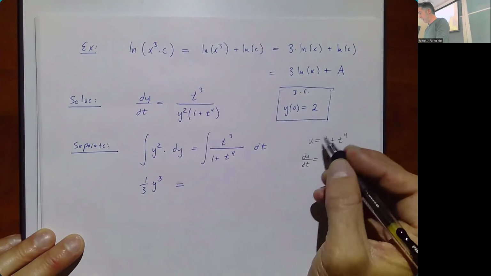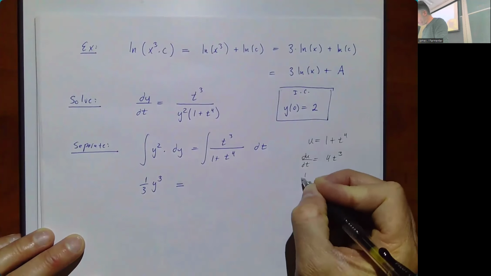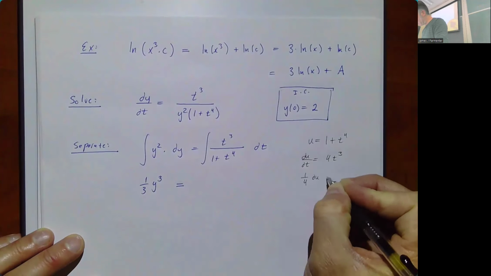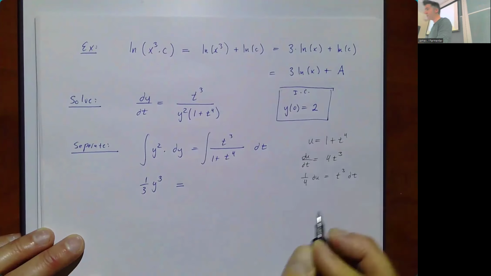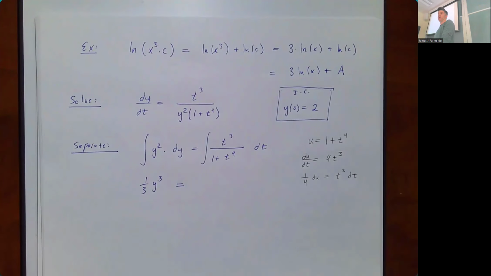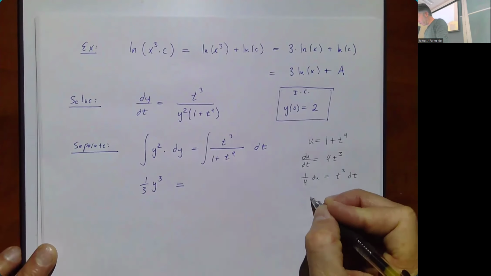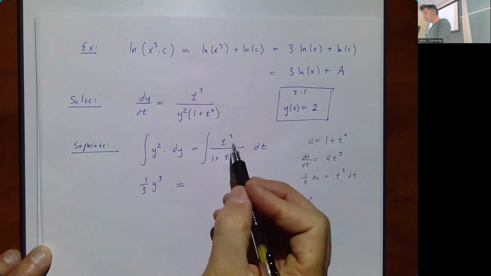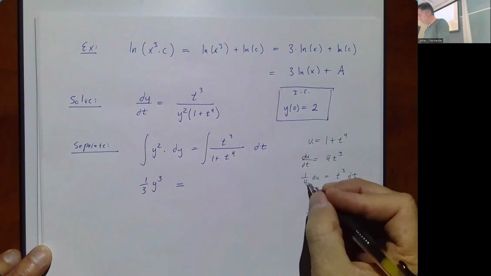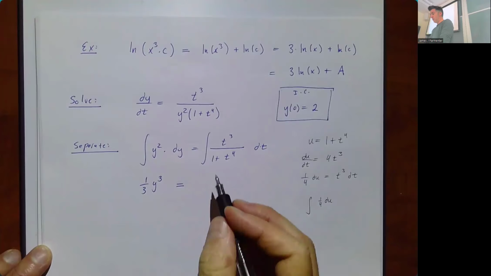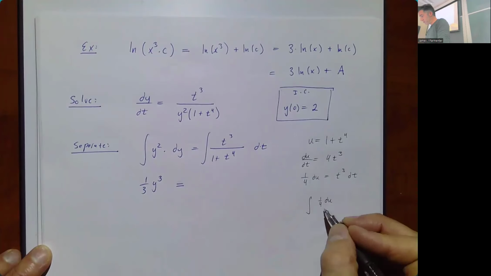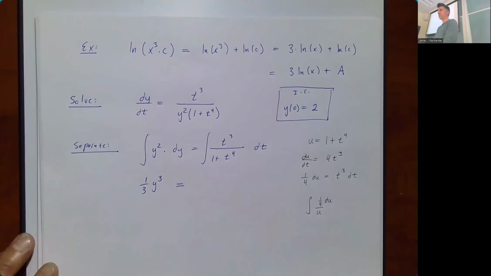And then I'm going to rewrite this as 1/4 du equal to t cubed times dt, bringing the dt over to the right and dividing both sides by 4. I'm going to rewrite this integral as the integral of, well, the t cubed dt is going to become 1/4 du. And the 1 plus t to the fourth in the denominator is just u.